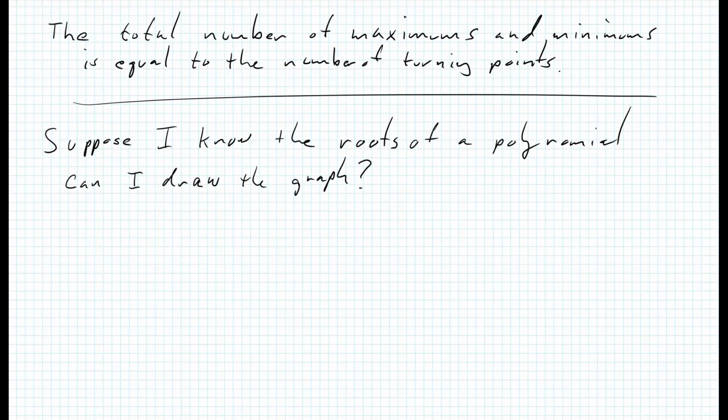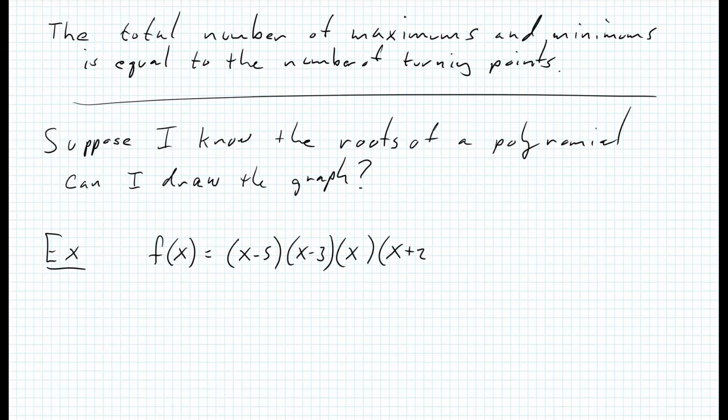Yeah, so let's think about this for example. So suppose I gave you f of x is equal to, I don't know, let's go x minus 5, x minus 3, x plus 2, x plus 4. Suppose I gave you this polynomial. Now it's all in factored form, right? But if I multiplied this out, it would give me a big polynomial.